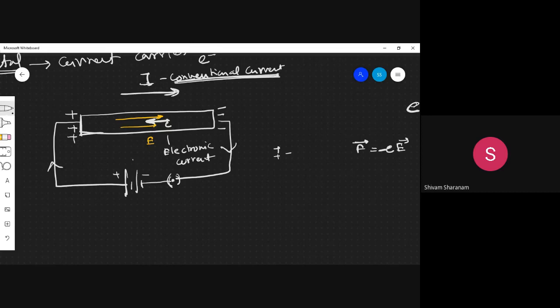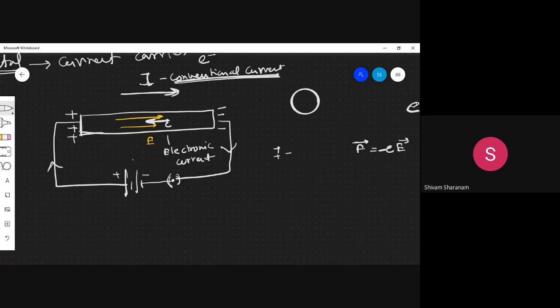But later on, when the discovery was made, it was found that the positive charges cannot move because they reside inside the nucleus. Only electrons can move because they are free. But by then, several discoveries had been made, like the heating effect and the magnetic effect of current. All those theories of magnetic field and magnetic effect depend on the direction of current.